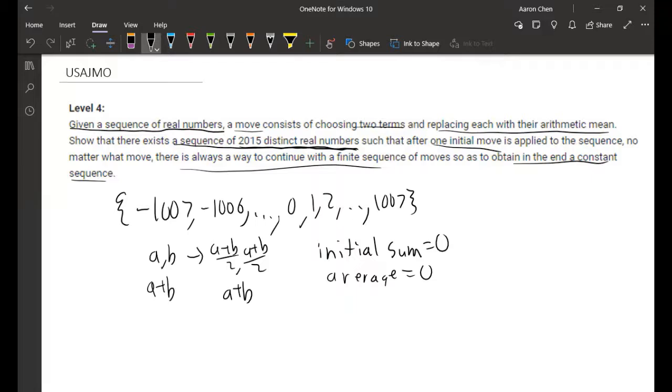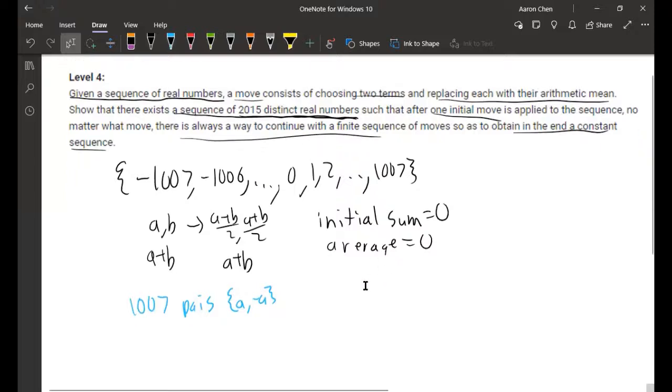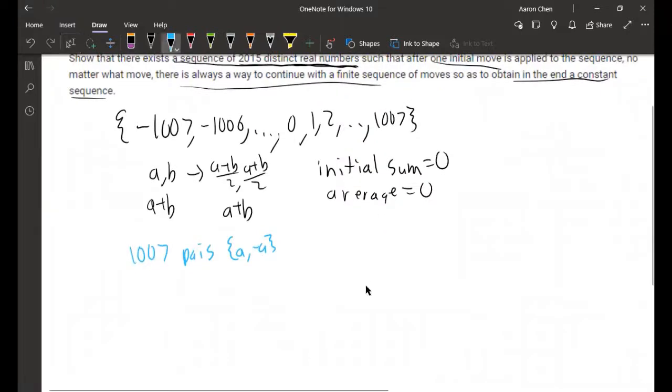And so we can see that there are a total of 1007 pairs of a and negative a. And so after the first pair of numbers is picked, there are at least 1005 pairs of x and negative x, such that they still add up to 0.